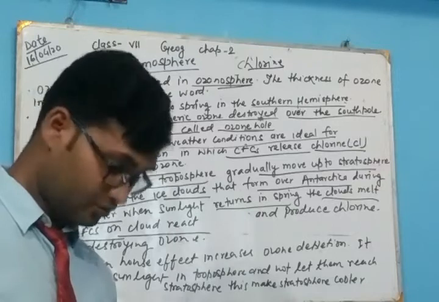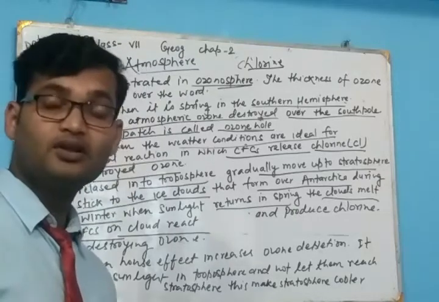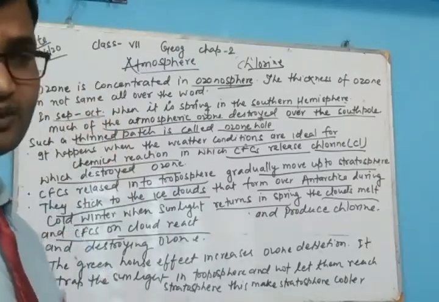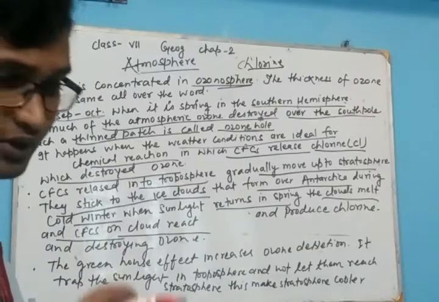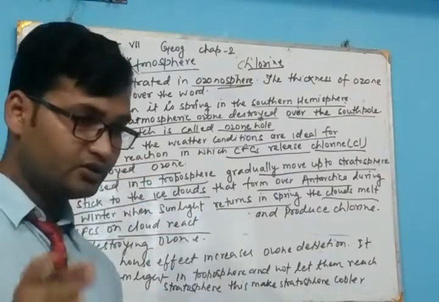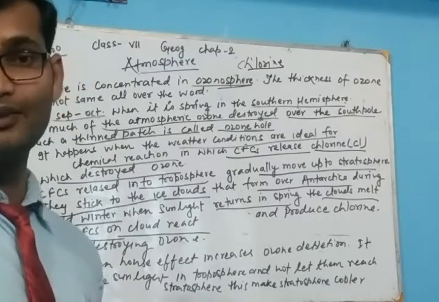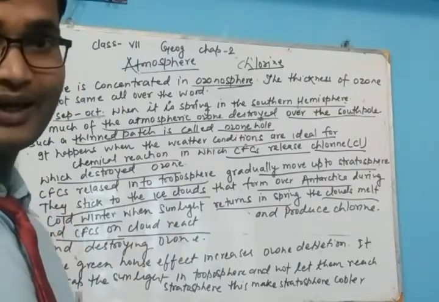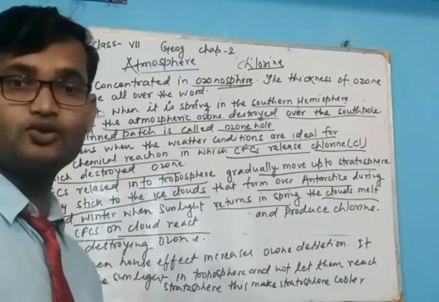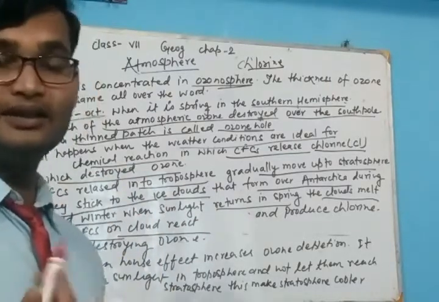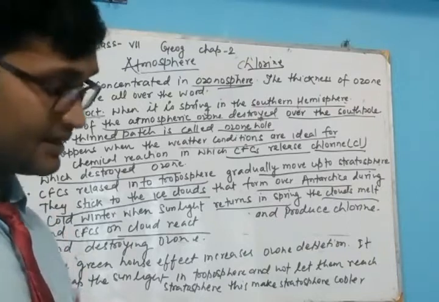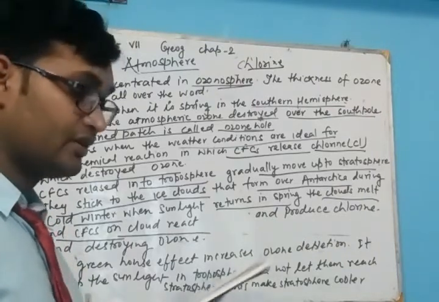Now, what is the effect of the depletion of the ozone? You know, the ozone layer protects us from the ultraviolet rays. When it is not protected, ultraviolet rays come to the earth and can cause skin disease, skin cancer, etc.